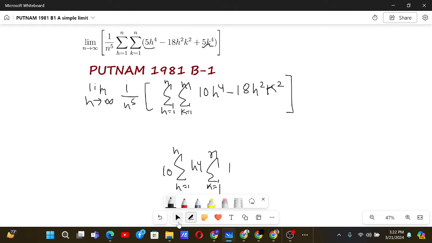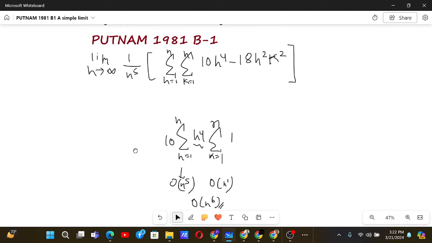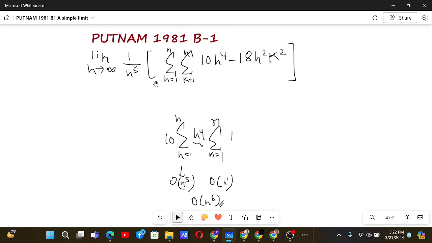Now the sum of the s to the power 4 will be in the order of the 5th power of n, and this will be in the order of the 1st power of n. The product will be in the order of the 6th power of n. And here it's only up to the 5th power, so one n will be remaining in the numerator.